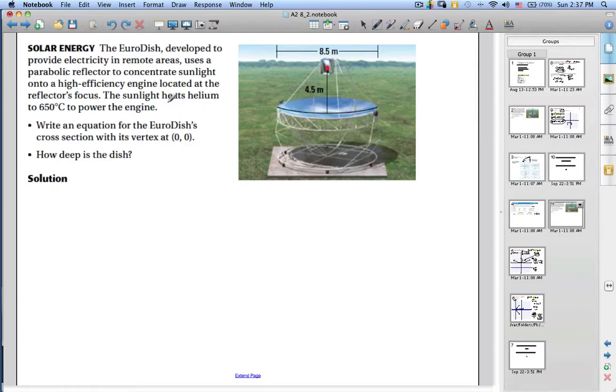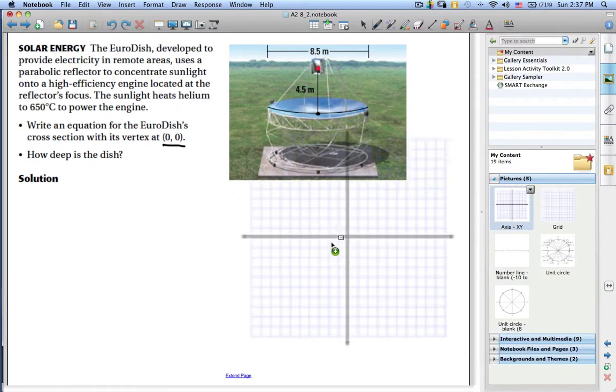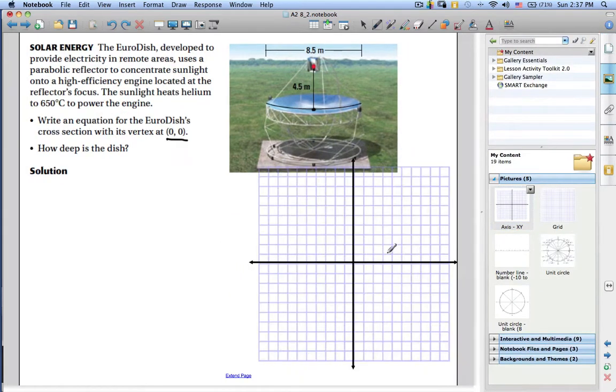Okay, so if we want to go ahead and solve this problem, we've been given a certain amount of information. We've been told that the vertex is at 0, 0, and so that would be here. In fact, let me again grab a graph just to help organize the information a little bit.